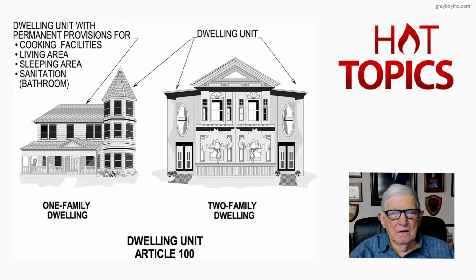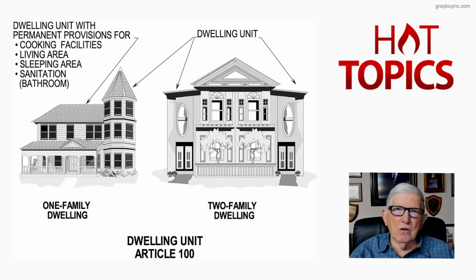Now let's review this figure 10-6, and basically all it shows is a one-family dwelling and a two-family dwelling. The two-family dwelling consists naturally of two one-family dwellings or residential dwellings, whatever you want to call it.